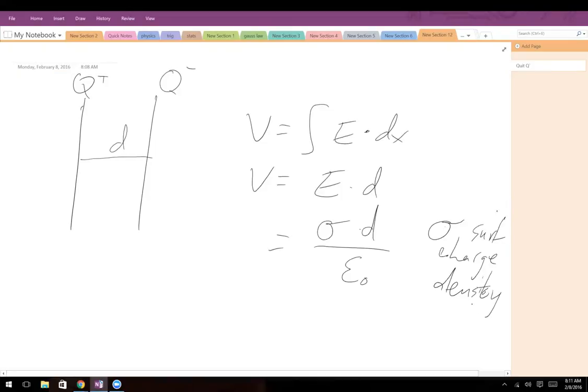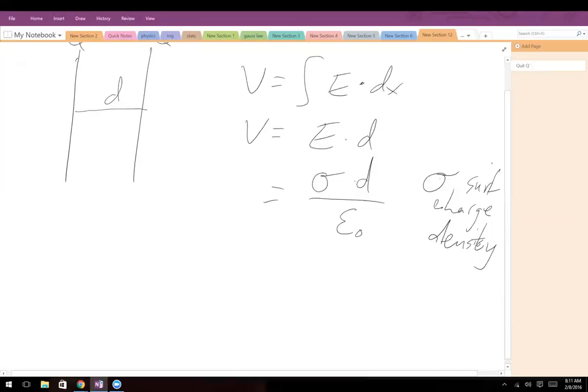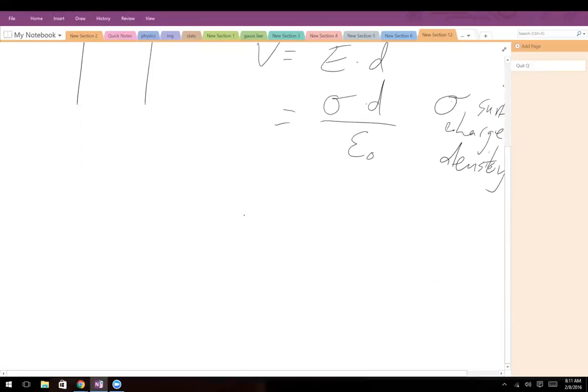Which is a fancy way of saying, hey, it's charge per unit of area, right? So you would have altogether, if you replace this with charge over area, this would be Q times D over area times epsilon naught.